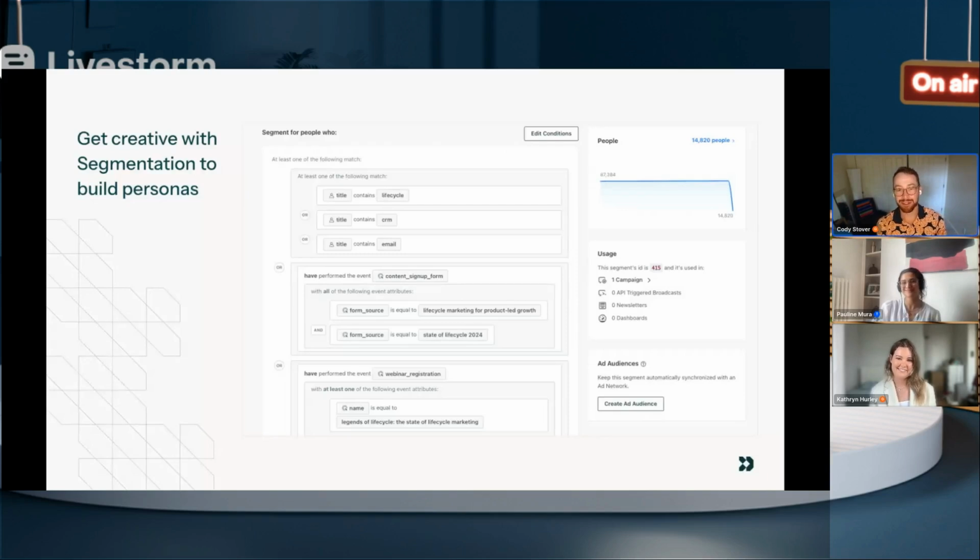So I would play with a mix of job title and what they're doing. Imagine a product manager downloading all of your lifecycle marketing guides and going to all your lifecycle marketing webinars. You're probably safe to say that person fits the mold of somebody managing the customer journey. Obviously, I'm applying this to Customer.io's ICP, but whatever your audience is.